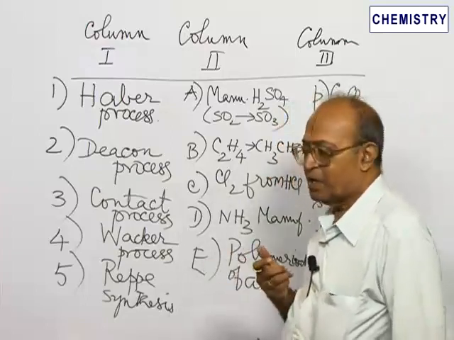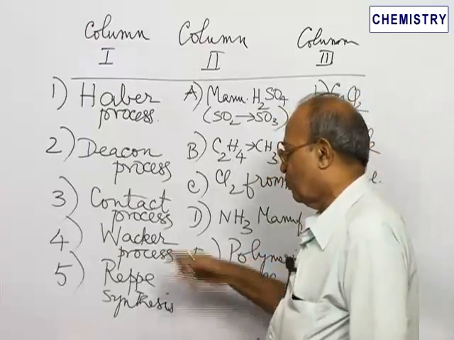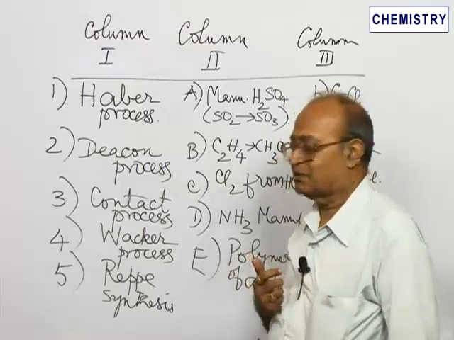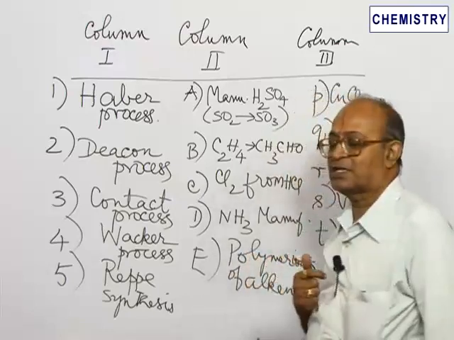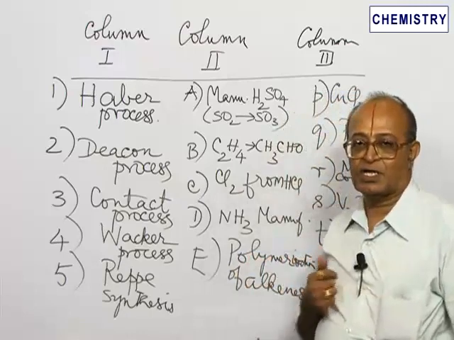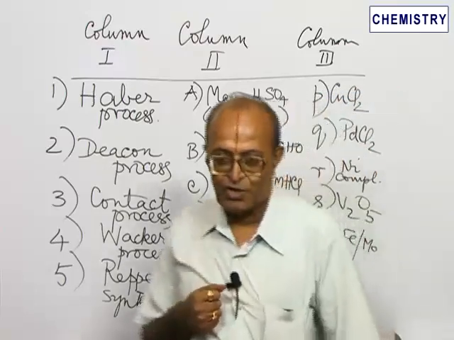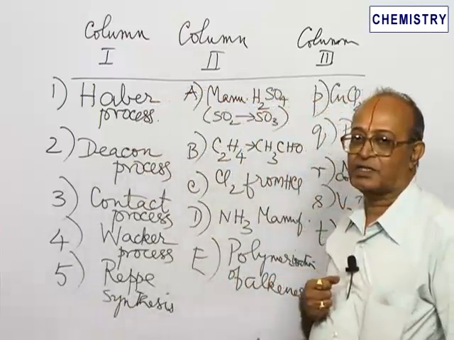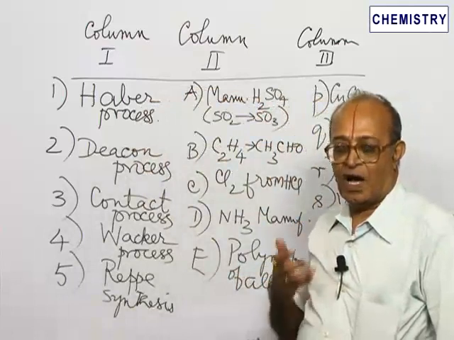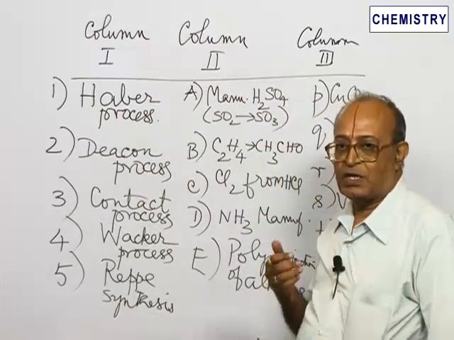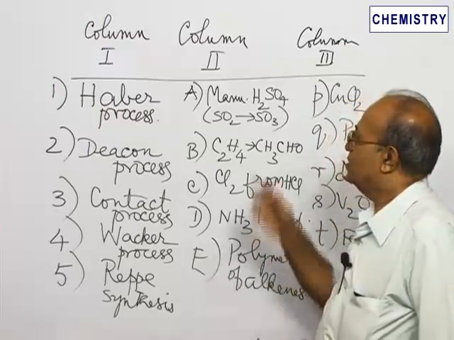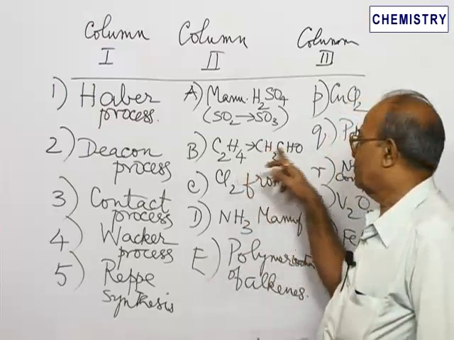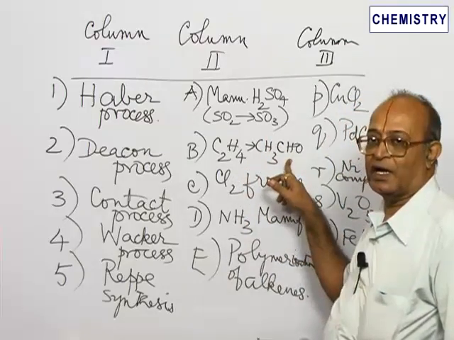Probably you may not be quite familiar with 4 and 5. Wacker process and Reppe synthesis. Wacker process is conversion of unsaturated hydrocarbons into aldehydes. From column 2 you can notice C2H4 converted into aldehyde.